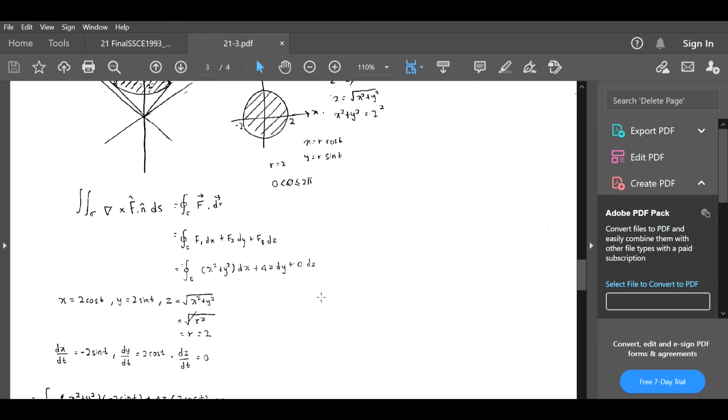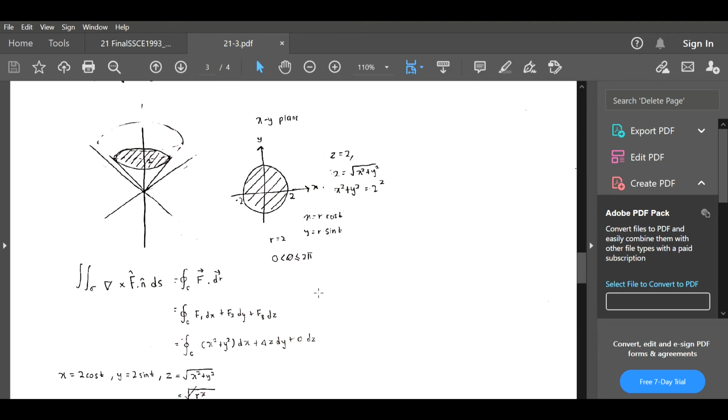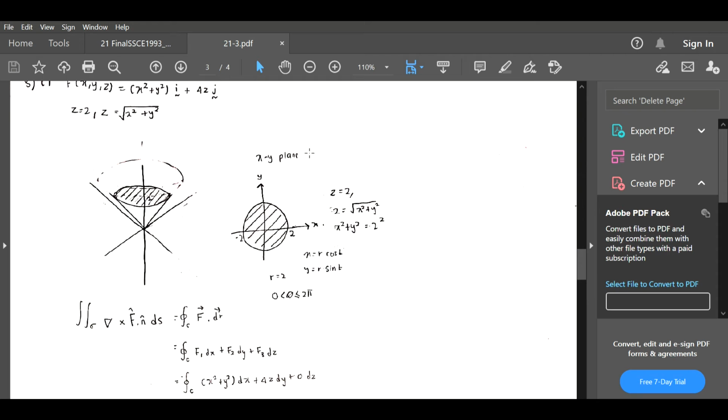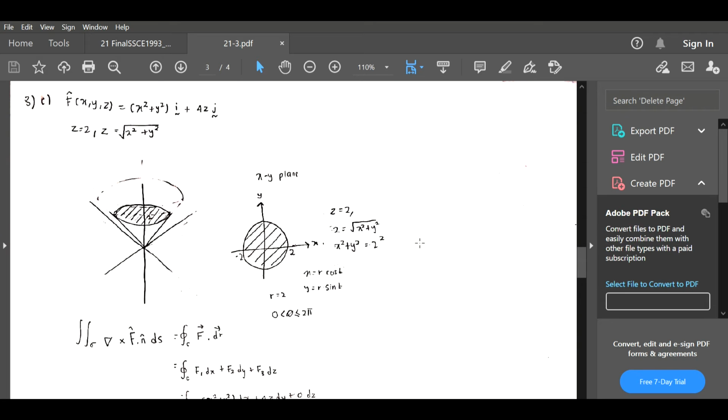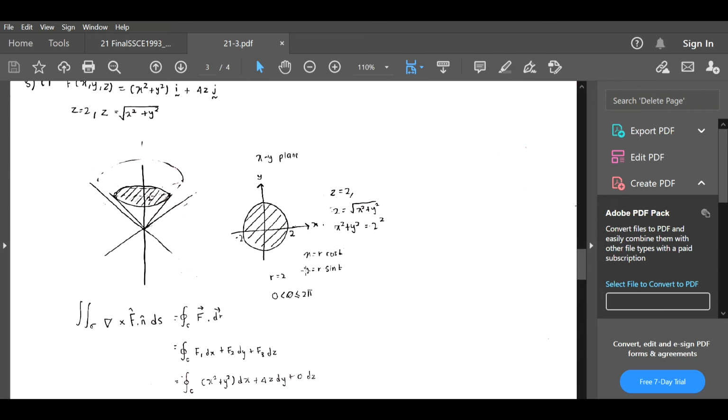And you can see that in the xy plane, this is looking from above. From z equals 2, and by using this equation we can get that x squared plus y squared equals 2 squared, which means r is 2. Again the theta is from 0 to 2 pi, a whole revolution.